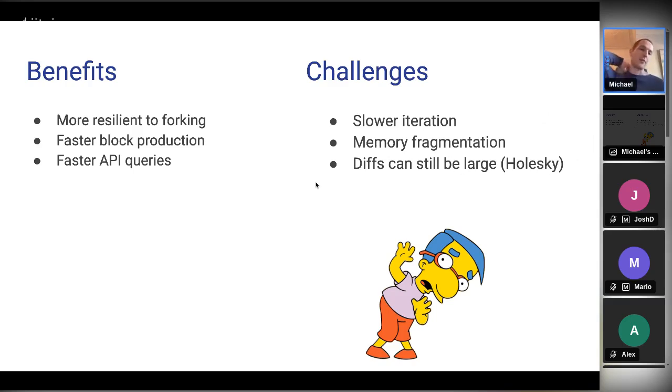But yeah, there are also huge benefits to this paradigm, and I think on the whole, it's been worth the trade-off. Lighthouse is now much more resilient to processing forks and reorgs. Block production is faster because in block production you want to get the current state, produce your block on that state, compute what the post state is, and then basically throw that away and broadcast your block to the network.